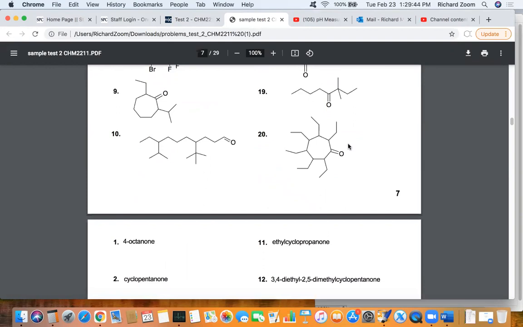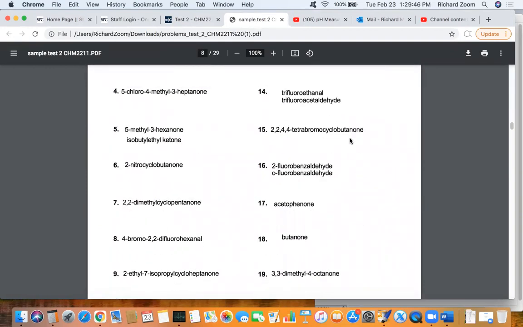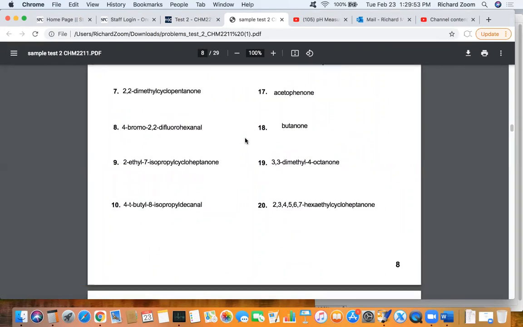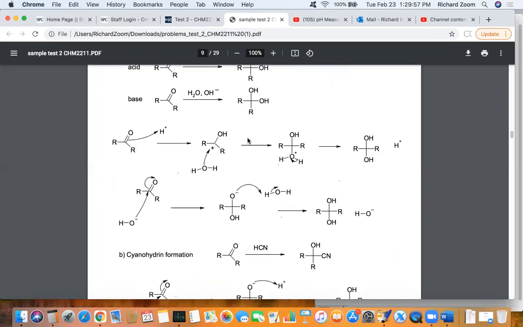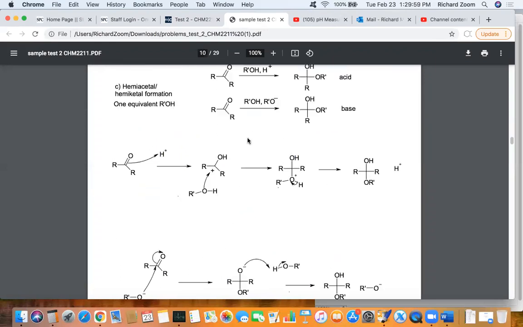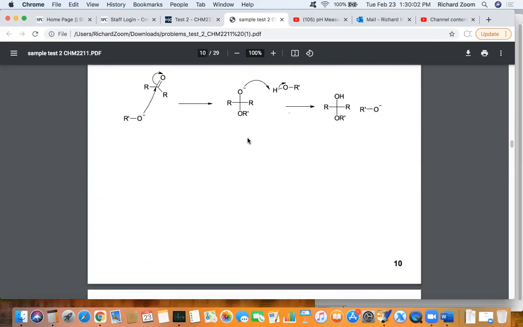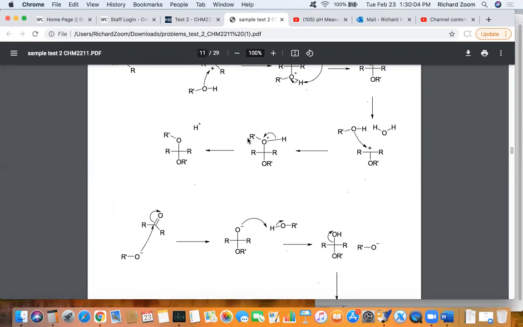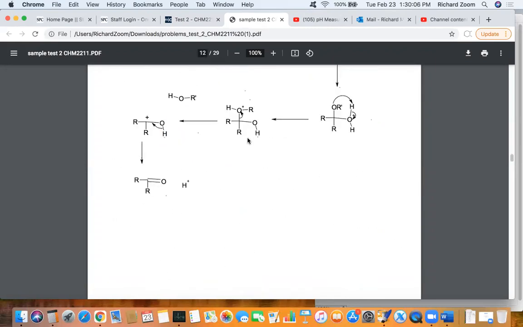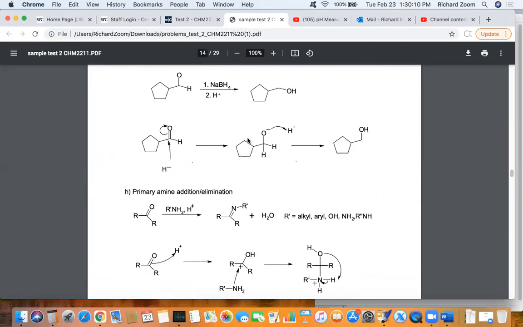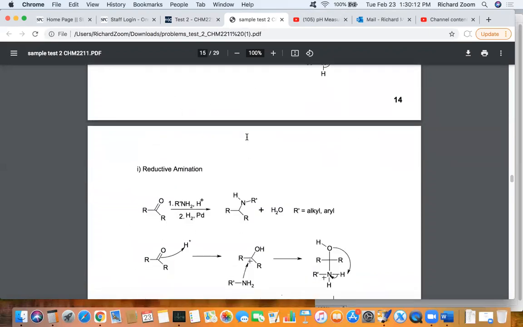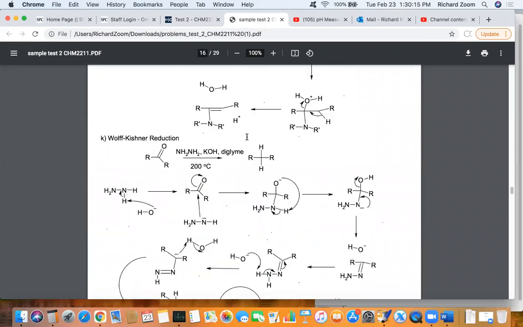If you haven't done that, you should be doing it right now so that you're not left trying to do that while you're trying to study for the other parts of the test, and a lot of people do that. I have these reaction summaries here which go through and give you mechanisms for each kind of reaction. So that's something you can reference. You've also got the PowerPoints for that as well, but they're very general reactions that you're looking at here.